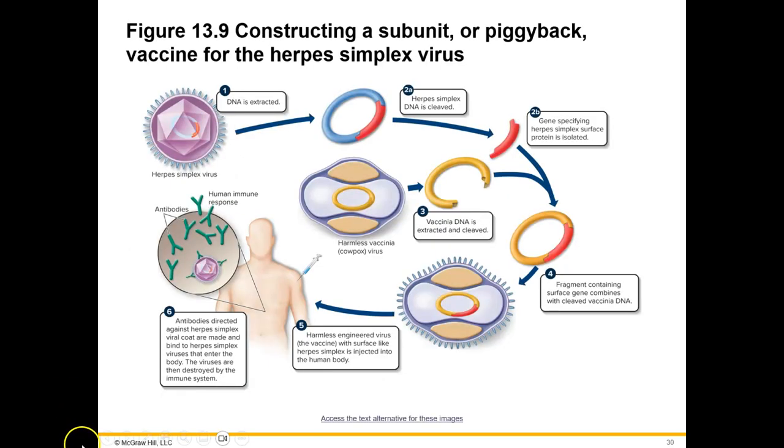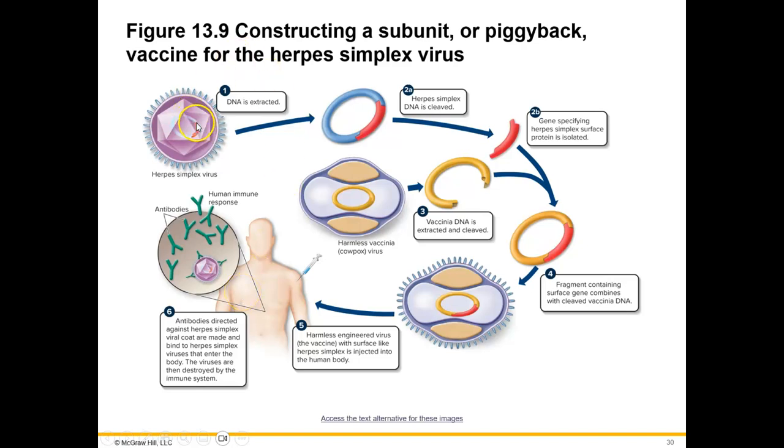So let's look at that with these images to help us understand. So here we have our herpes simplex virus. Here's the ring of DNA inside that virus. If we took this whole ring of DNA and put it into a cell, and then put that into a person, then we would have given them the herpes virus.